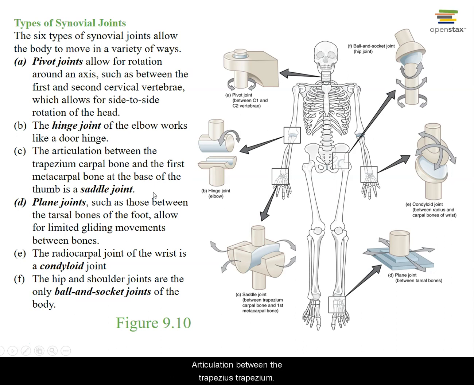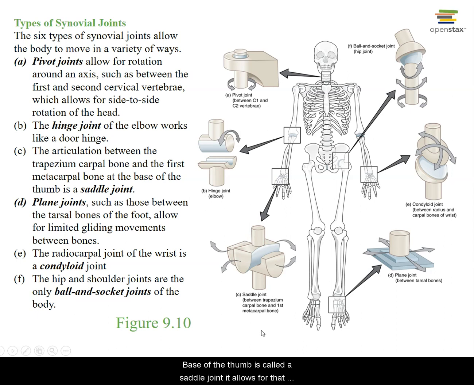Articulation between the trapezium carpal bone and the first metacarpal bone at the base of the thumb is a saddle joint. Okay, it's hard to see on this particular picture, but between the metacarpal and the proximal phalanx is going to be condyloid. But if you go to between the trapezium carpal bone and the first metacarpal bone, right there at the wrist, the base of the thumb, it is called a saddle joint.